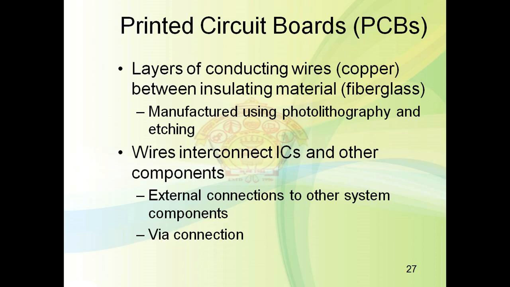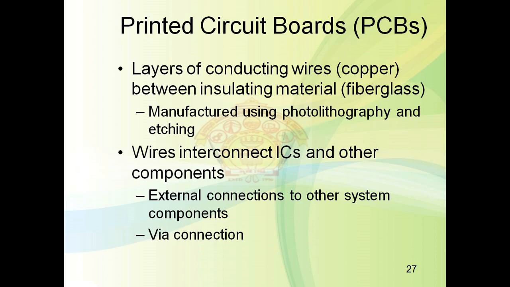The wires connect the pins to the different components. There may be single layer or multiple layer PCBs. The connection between the different layers is done by drilling PCB through holes, and metal is passed through that hole.